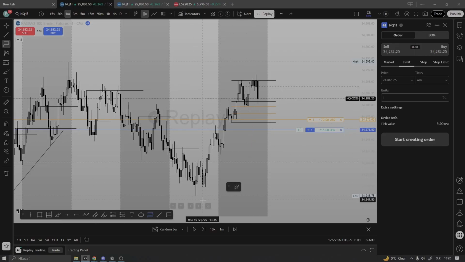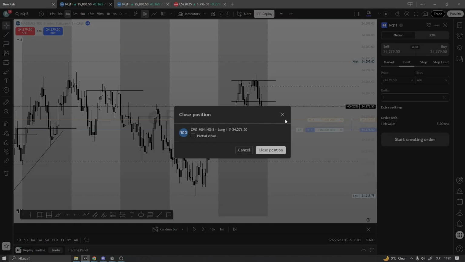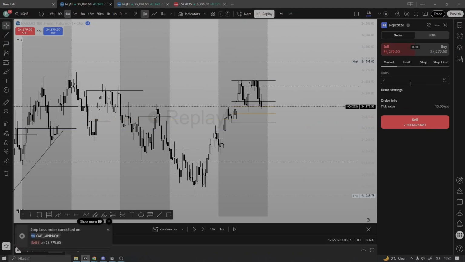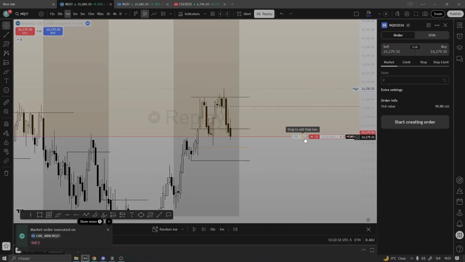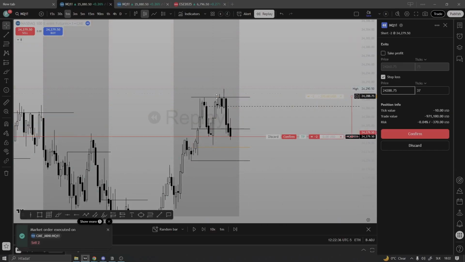It should also be a little below 50% of the range. Yeah, OT. In terms of our stop, we can put it at the range high.